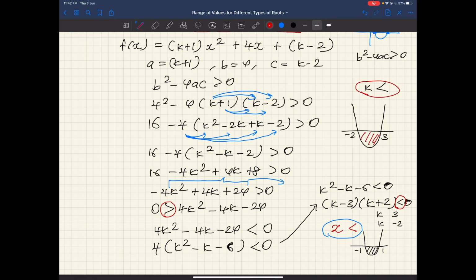Alright, and if you were to write this, how does the range look? The range of k value is greater than negative 2 but less than 3 based on the shaded region here. So how can I write that? K, open up over here, open up over here: it has to be greater than negative 2, and then this part is going to be less than 3.